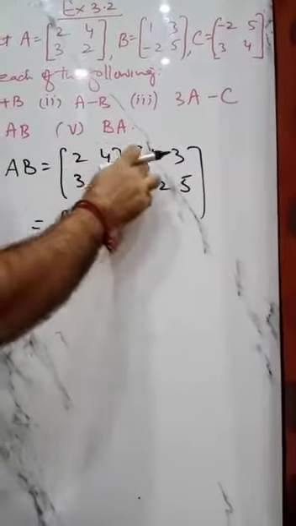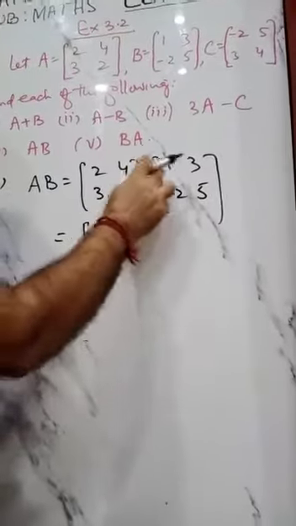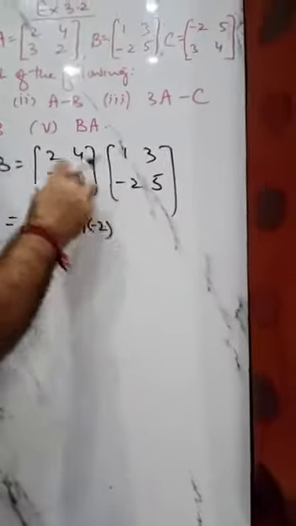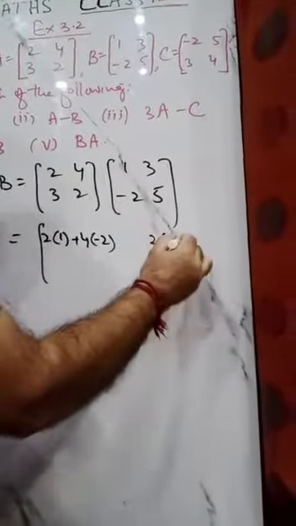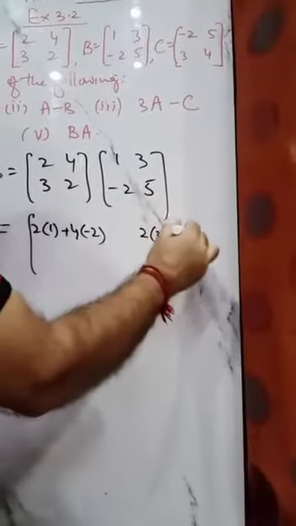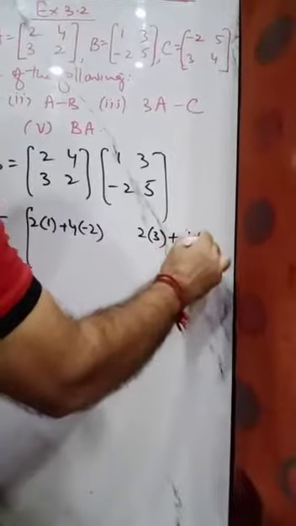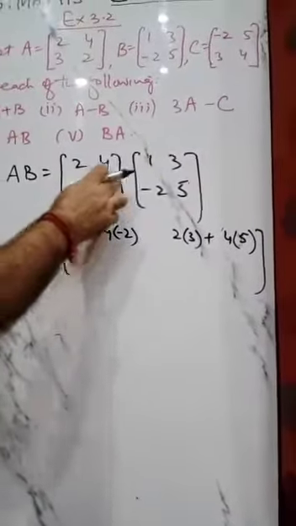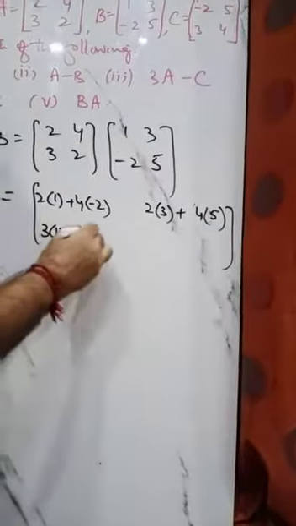So we get 2 into 1 plus 4 into minus 2. Then next again 2 into 3 plus 4 into 5. And the next, from the second row to the columns, 3 into 1 plus 2 into minus 2.